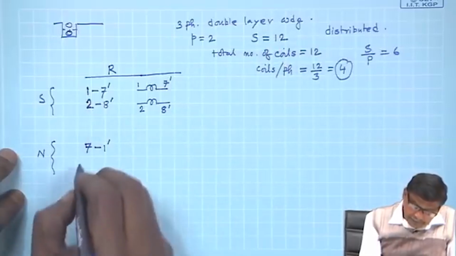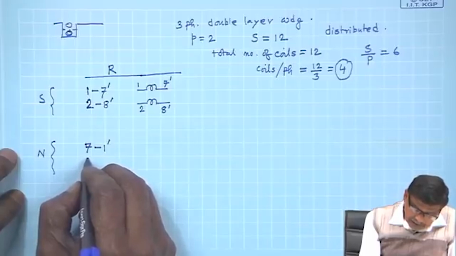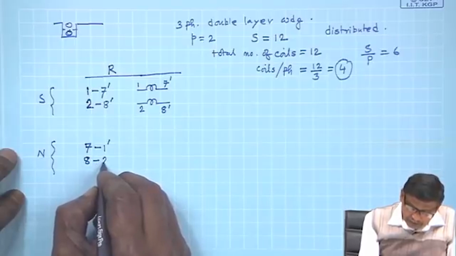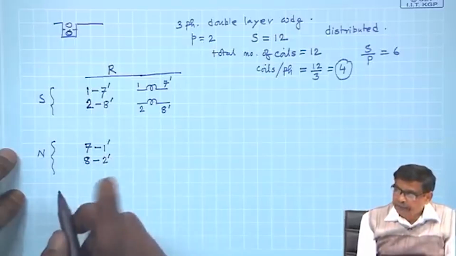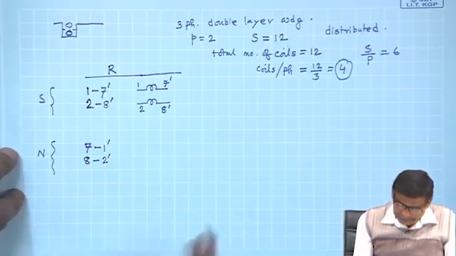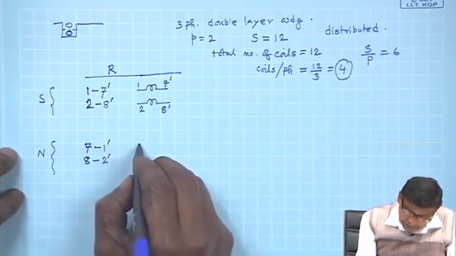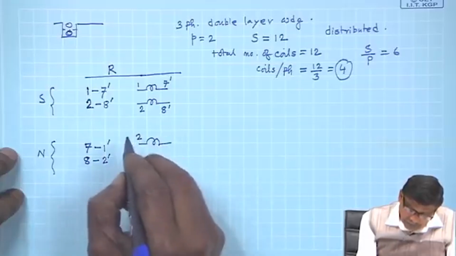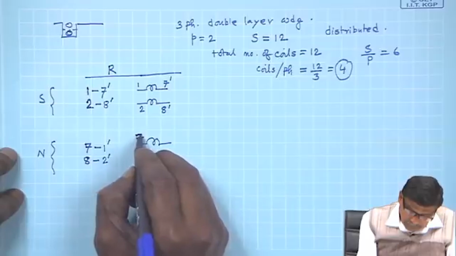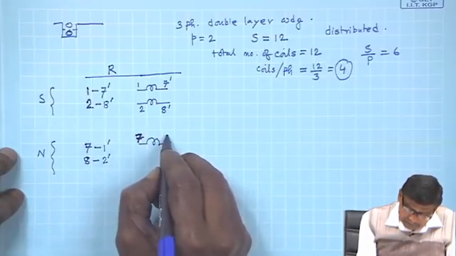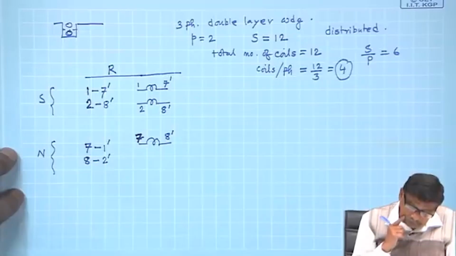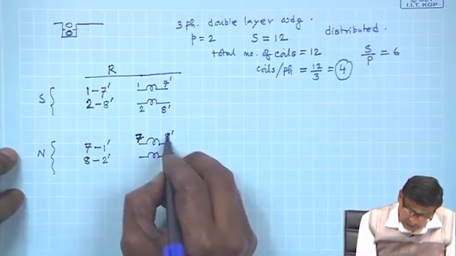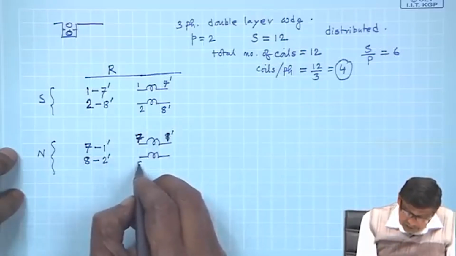And then the immediate next slot I will allot also to R phase, and it should be called 2 dashed. If any mistake, point out. So, this coil will be 7 and 1 dashed, and then 8 and 2 dashed.